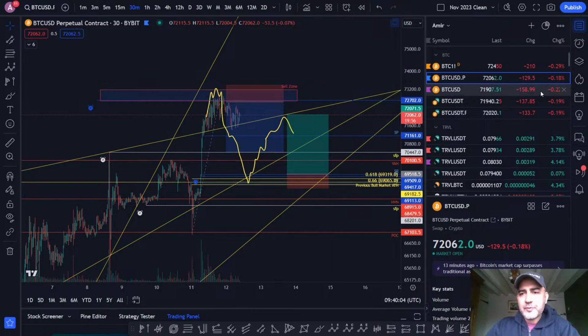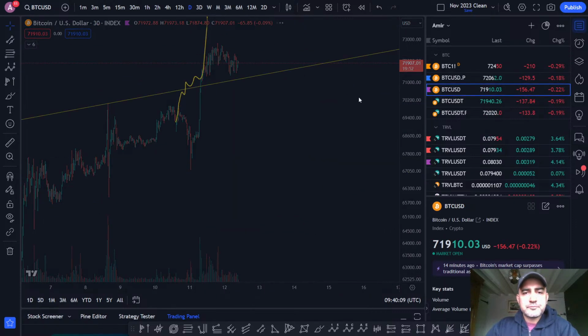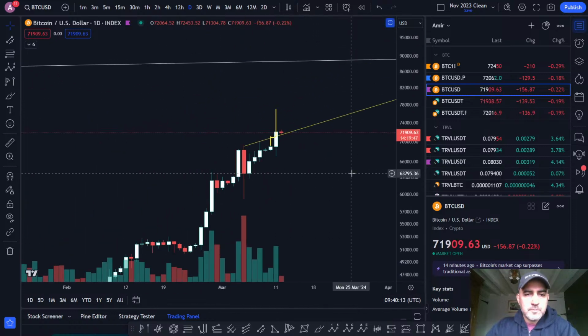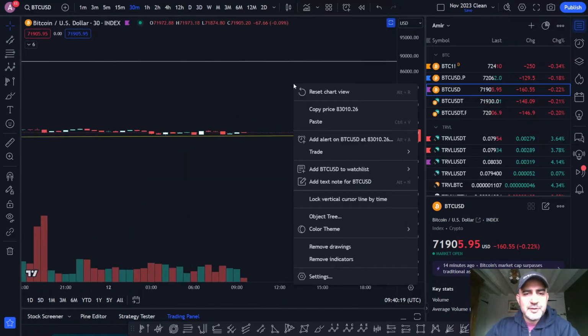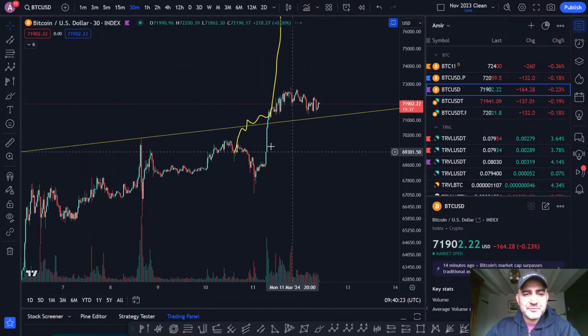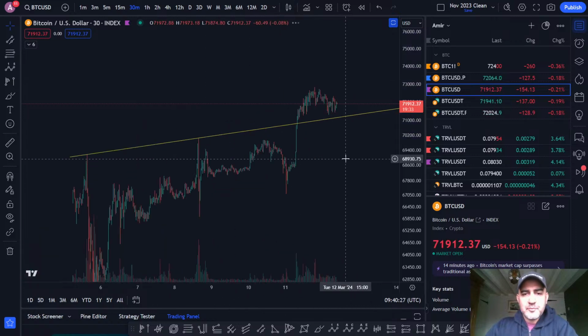So let me just have a look at the daily candle. Where's that line I drew? Sometimes I draw these lines. Okay, well, it didn't do that. It went up above that line, though.